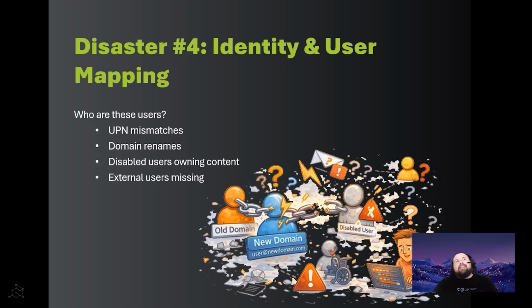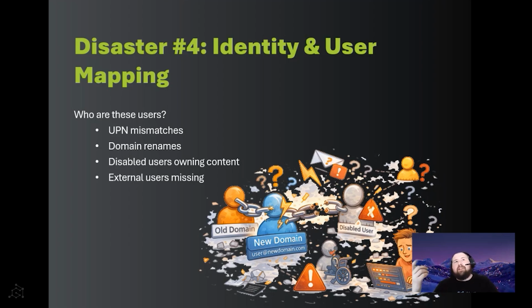Disaster number 4, identity and user mapping. Now, this is one we've picked up numerous times. The relevance of identity and user mapping is that your user principal names mismatch. Your domains might not be the same, because automatically going from anything into the SharePoint space, it becomes yourdomain.sharepoint.com.